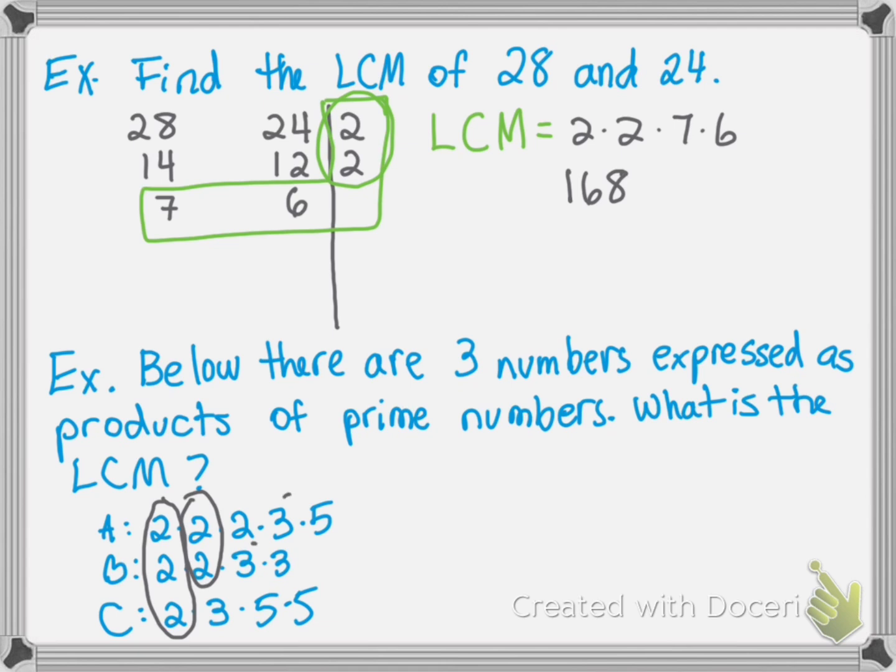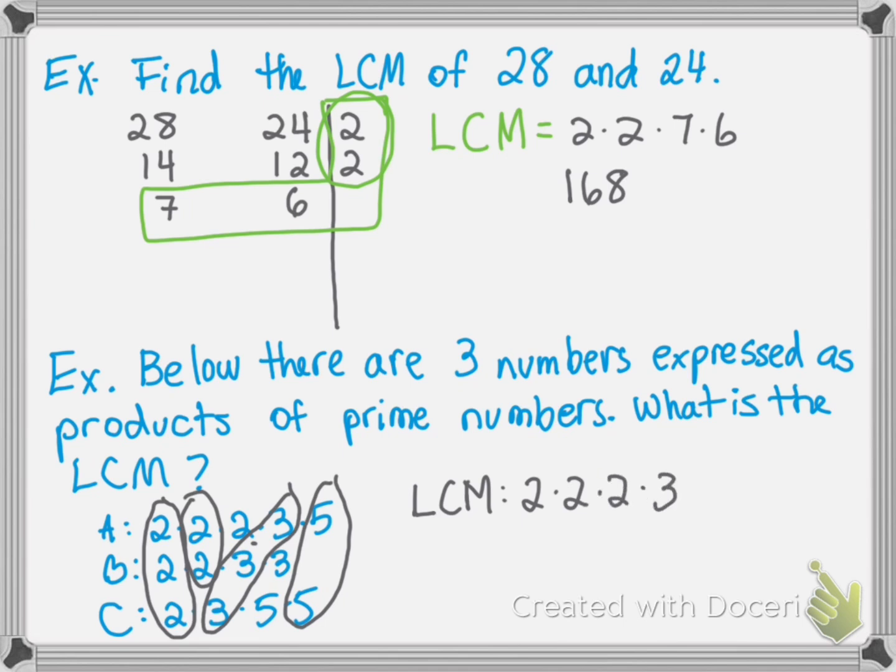We're going to multiply these 3 one time. And then we're going to multiply the 5s one time. So we're going to be multiplying all that is common, but then also all that is not common. So I'm going to multiply 2 times 2 times 2 times 3 times 3 times 5 and times 5.